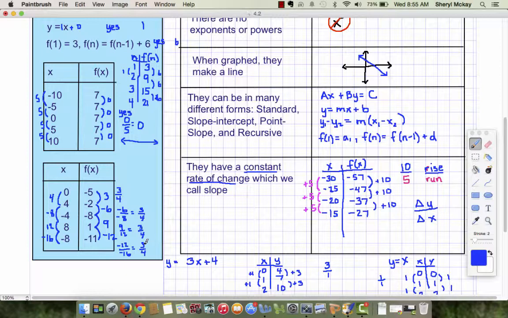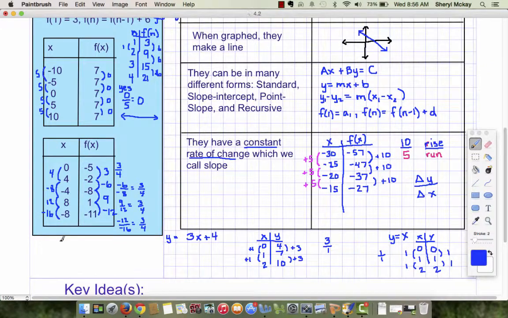Well, why was it all wacky? Let's take a look. Look at my x's. They go 0, 4, negative 4, 8, negative 8. What if I put those in numerical order? It would be negative 8, negative 4, 0, 4, 8.